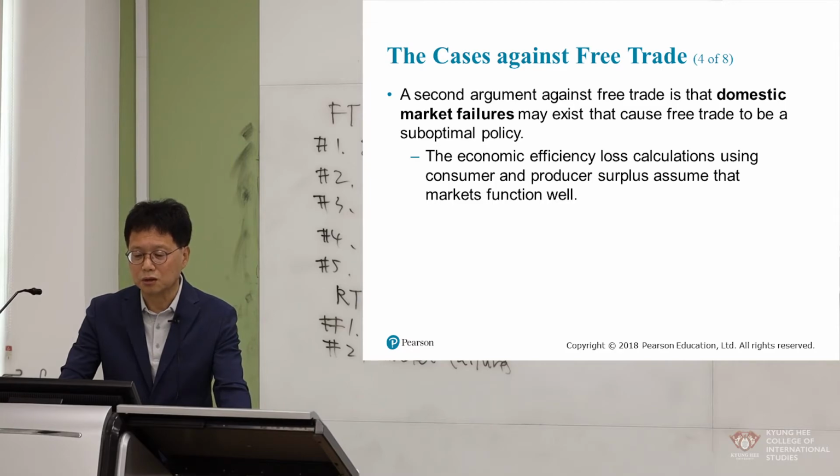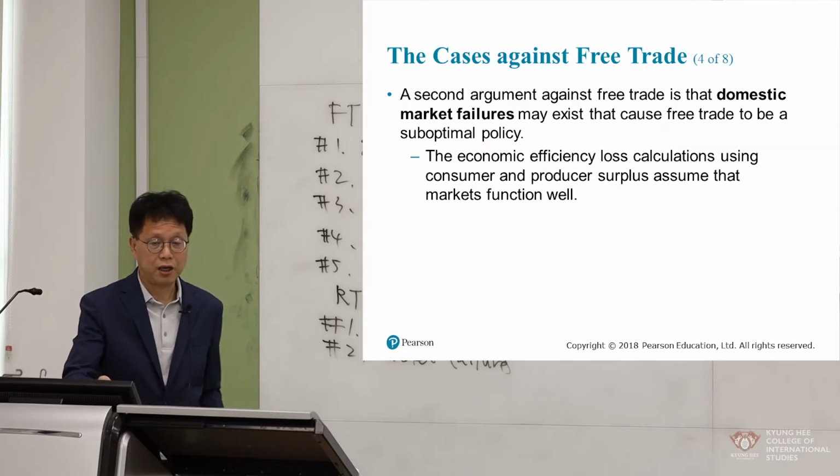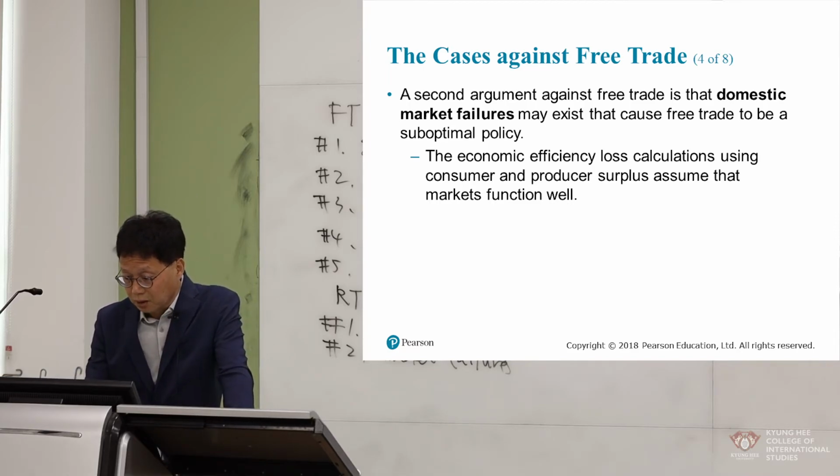So the government adopts protectionist policy to remedy some market failures in other goods. That is the market failure story. A second argument against free trade is that domestic market failures may exist that cause free trade to be a suboptimal policy. The important word is suboptimal policy.